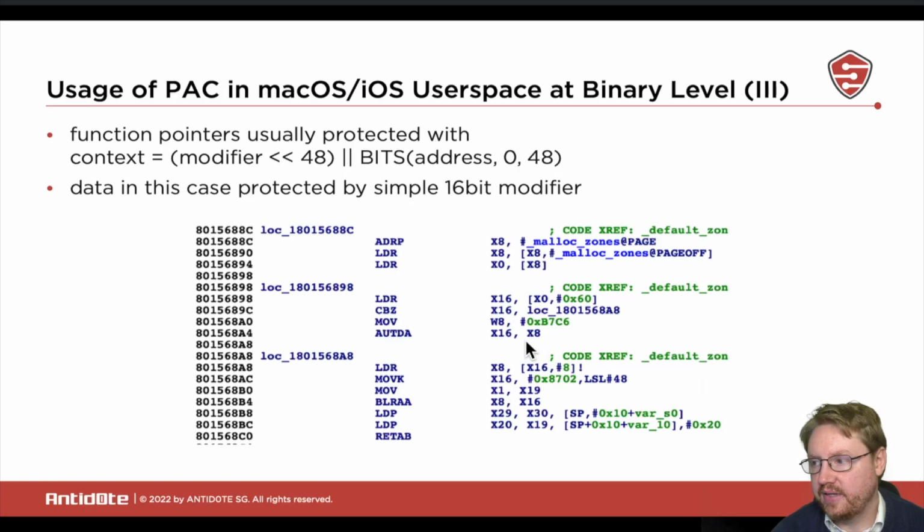So that's basically the address of a data pointer. What we can see here is that it uses x8 as the context. x8 is partially the address of the zone pointer, and the other part is basically overwritten.